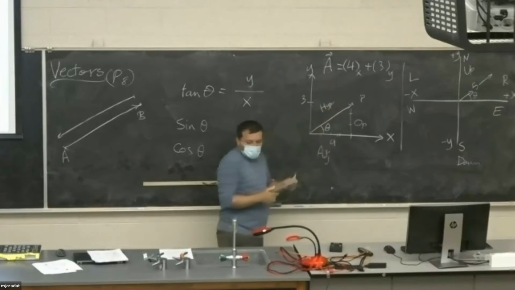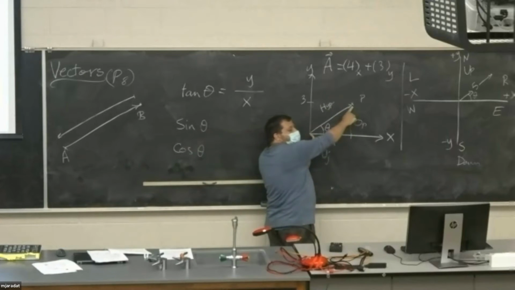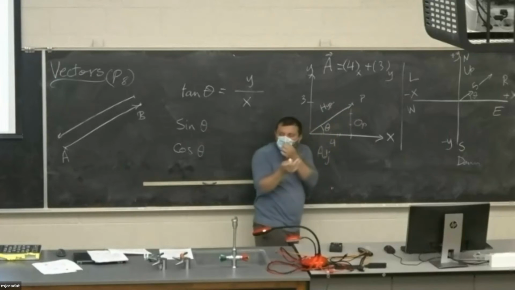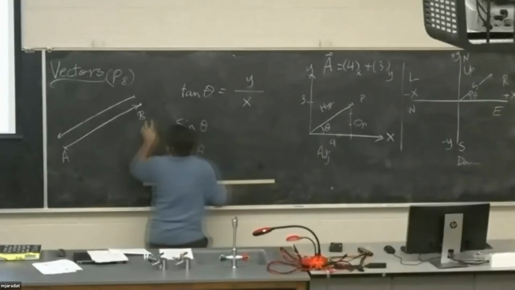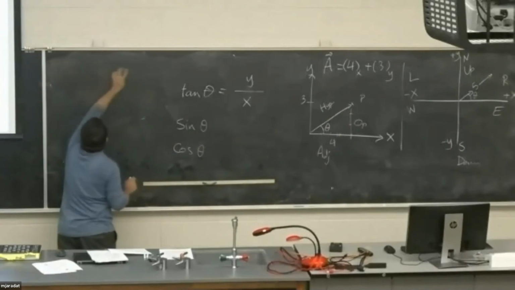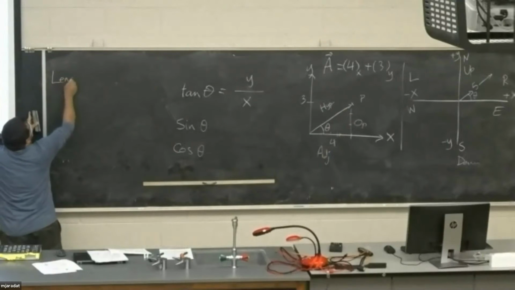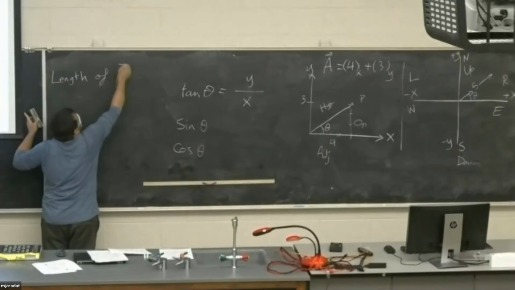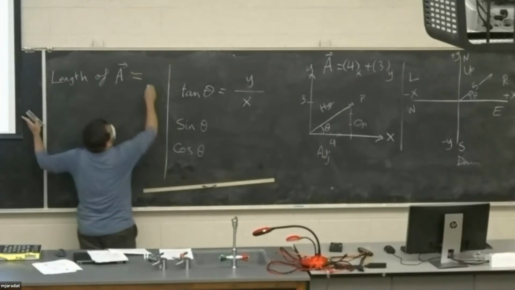Okay. This length, which is 5, is A, the vector A. It is the length of A. So I will put it here. The length of A as a vector, we can write it like this.